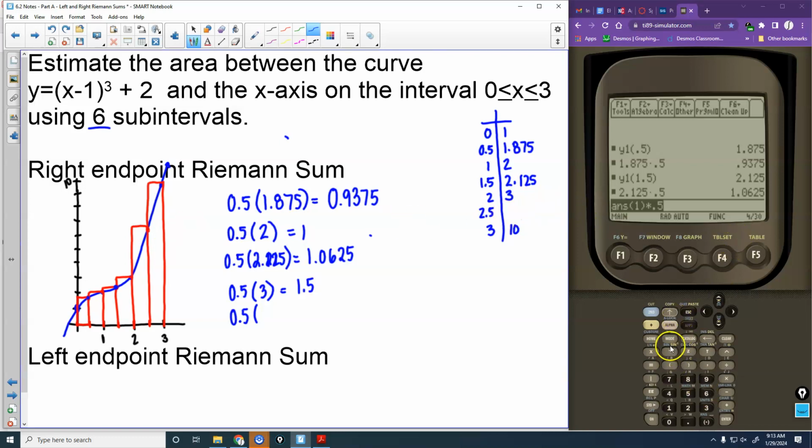So if I do y1 of 2.5, that is going to give me 5.375. And we take half of it. We get 2.6875.